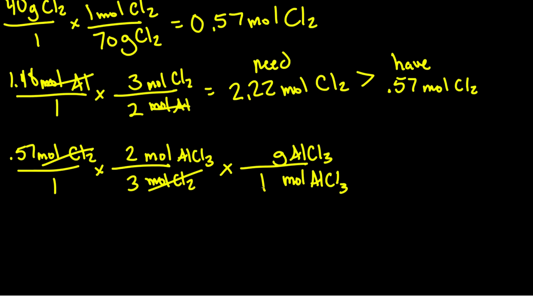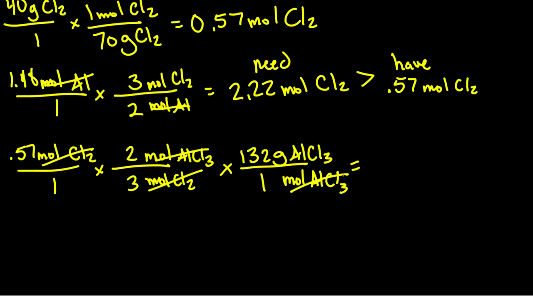Aluminum weighs 27, chlorine weighs 35, and there are 3 of them. So we add all that up, and we get 132 grams for the molar mass. This will cancel out moles of aluminum chloride, leaving us with grams of aluminum chloride, which should be our answer.